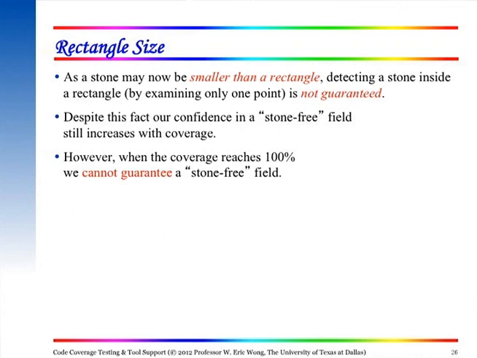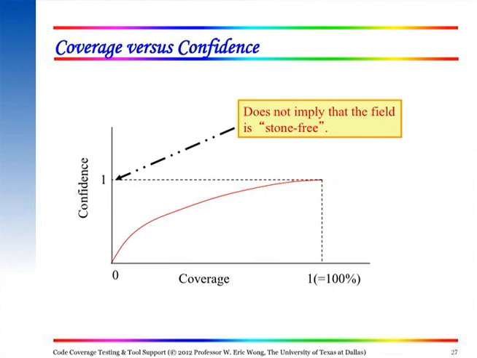So it's no longer guaranteed, as you said. You can only say probability. You have good confidence, but it's no longer guaranteed. So when you have 100% coverage, it's not guaranteed that the floor is stone free. So far, so good.